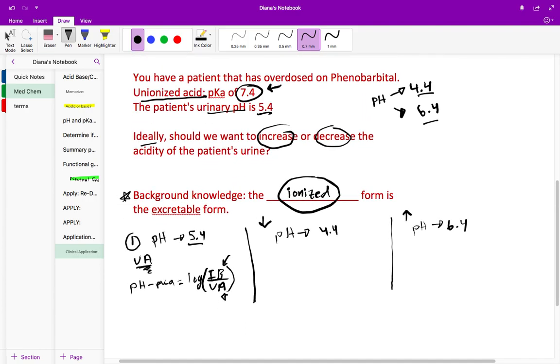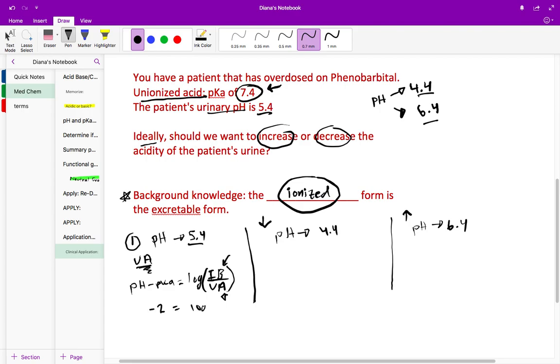So pH of 5.4 minus 7.4, and then we're going to continue solving this. So 5.4 minus 7.4 is going to be negative 2. I'm just going to skip to that step.